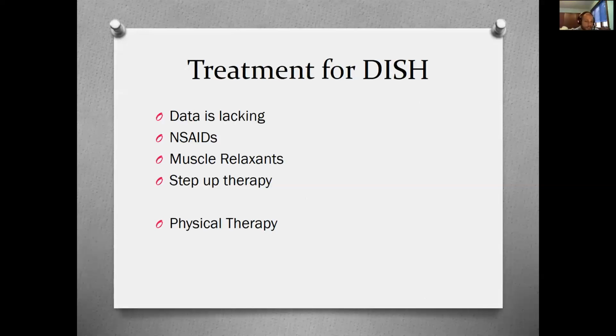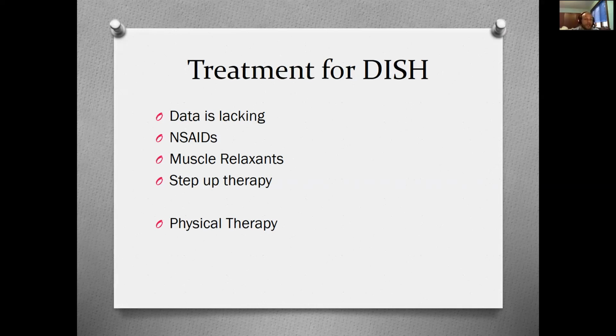One thing that has been studied in the treatment of DISH is physical therapy. There was one study, it only had 15 patients in it, but they underwent, I would say, somewhat severe training with mobility, strength training, and stretching for 24 weeks. So this was a relatively intense program. But what they found was that over half the patients, 8 out of the 15, showed good improvement in their DISH signs and symptoms after those 24 weeks.